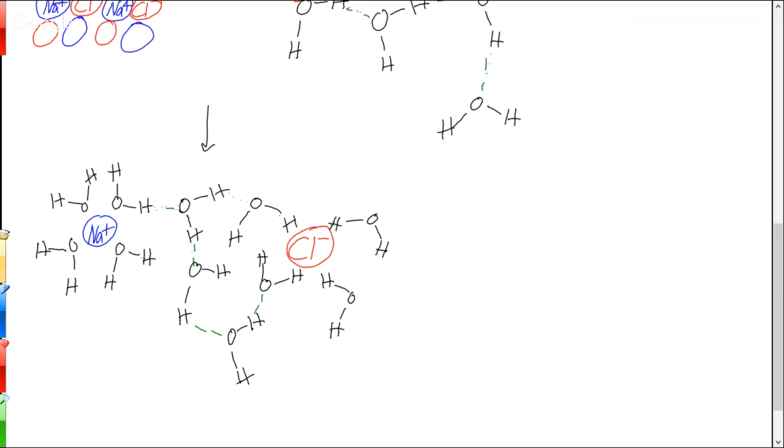And so now we kind of have a picture of what it might look like inside that solution. We have ions that have been separated from each other, surrounded by water molecules.